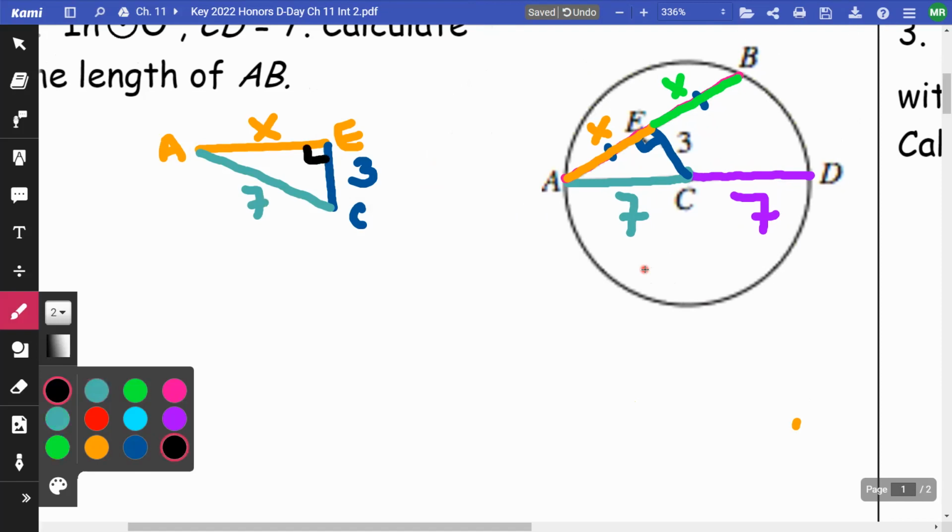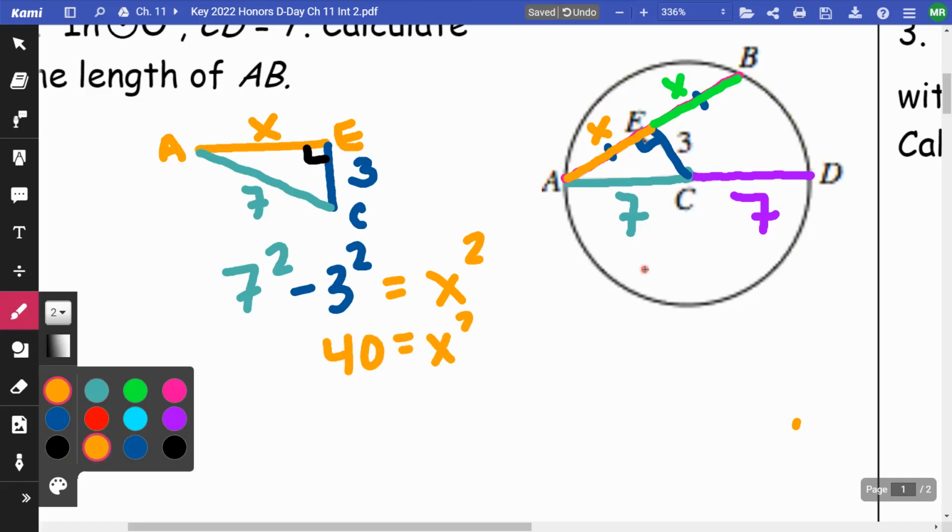So I'm going to do Pythagorean theorem: a squared plus b squared equals c squared. My hypotenuse is the 7. So actually, 7 squared minus 3 squared is going to equal X squared. That's 49 minus 9, which is 40, equal to X squared. I take the square root of that, and I get the square root of 40 equals X.